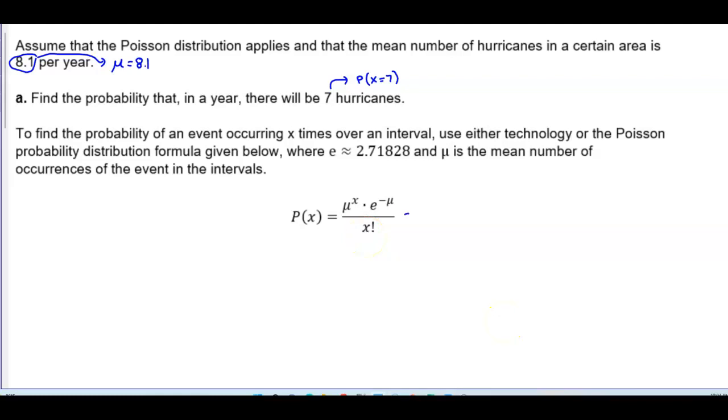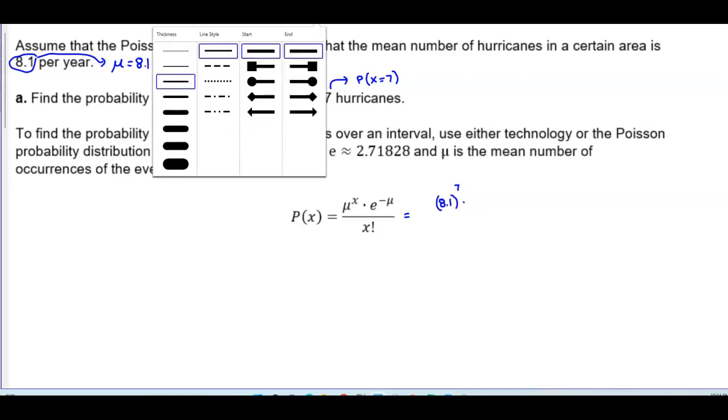So if we wanted to find it using the formula, we would say, okay, the probability of x being 7. So we have the mean, which is 8.1, and then we would raise it to the power of x, which is 7. And then we're going to multiply that by e, which we know is the value of 2.71828.